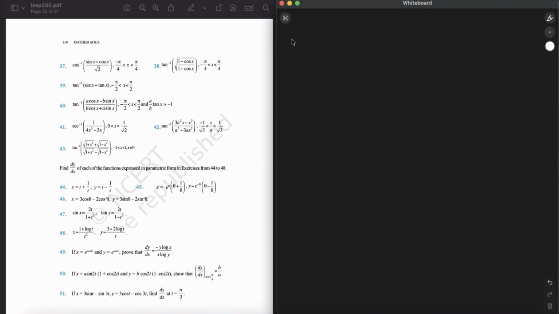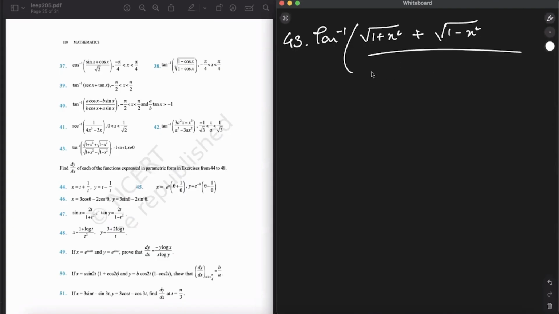I have another question. Question number 43, which is tan inverse of (under root 1 plus x square plus under root 1 minus x square) upon (under root 1 plus x square minus under root 1 minus x square).